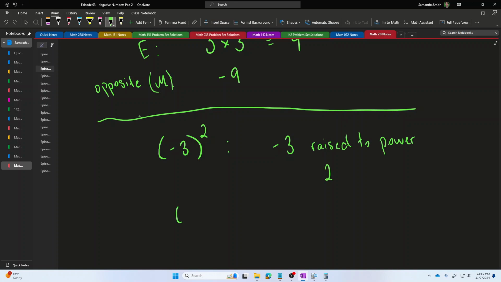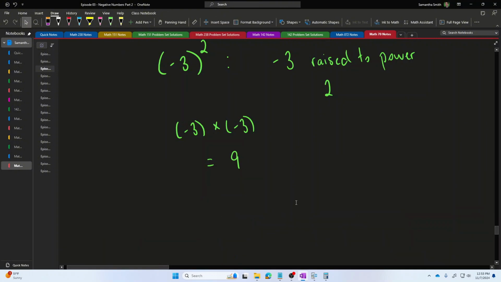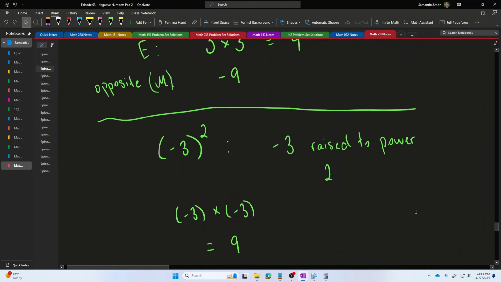So this would be negative 3 times negative 3, where now I have two minus signs. And since I have an even number of minus signs, my final answer would be positive 9. So be really, really careful about that.